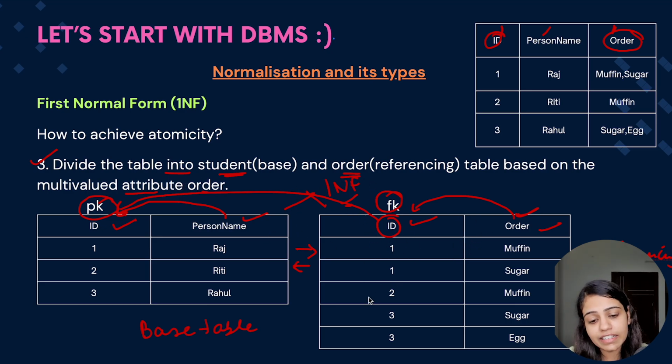Yes, I do agree that in this ID column we can see some duplicate entries, but in this table we are not seeing any duplicacy, and in this table ID and order both are acting as a primary key. So ID and order together help me identify unique values, and here ID helps me identify unique values. So there is some level of duplicacy because normalization doesn't guarantee removing all duplicacy, but the duplicacy is reduced in comparison to the earlier case.